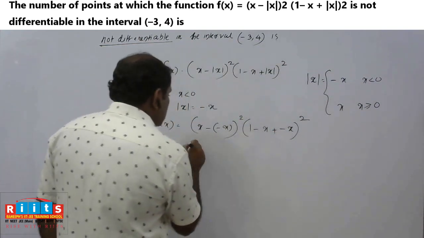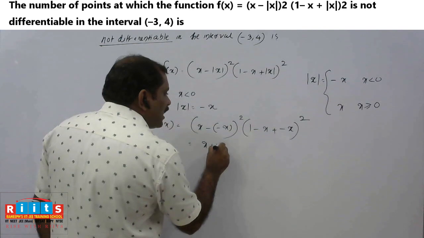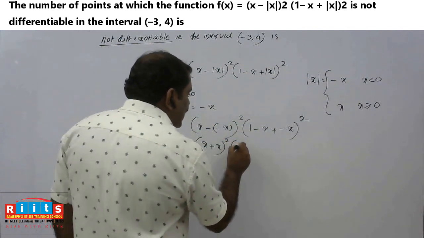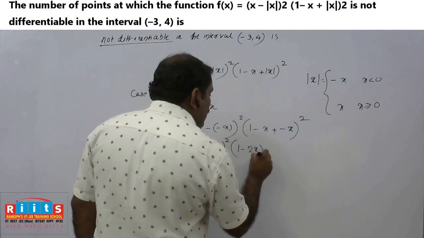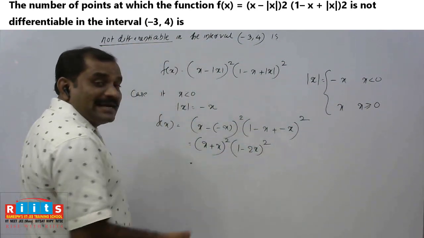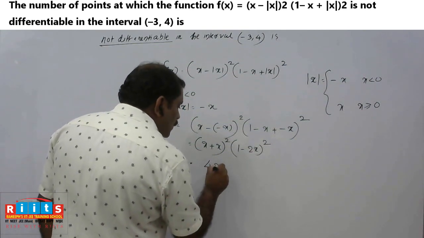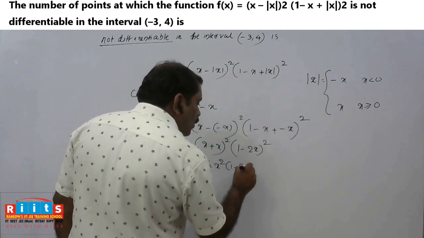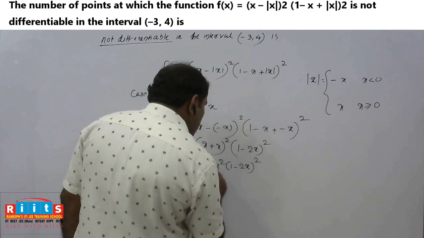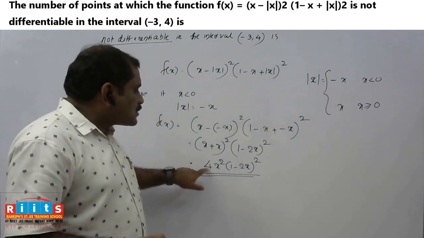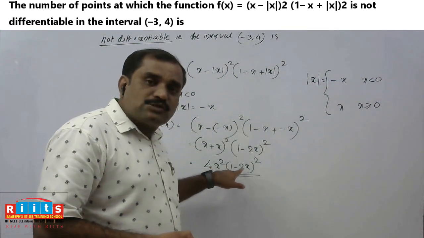That is x plus x the whole square into 1 minus 2x the whole square. That is x plus x, that is 2x. 2x the whole square is 4x square into 1 minus 2x the whole square. If x is less than 0, the function is 4x square into 1 minus 2x the whole square.